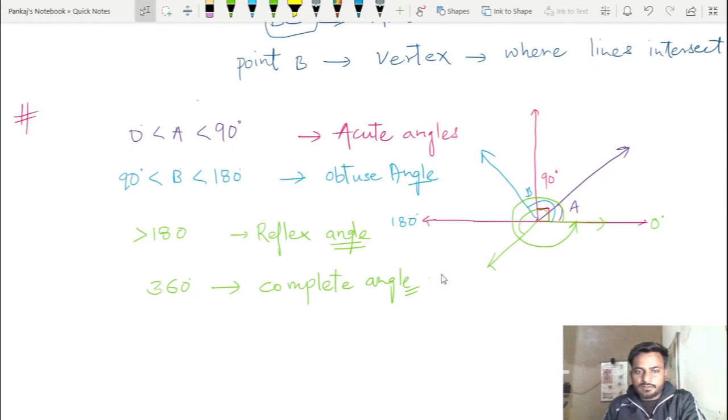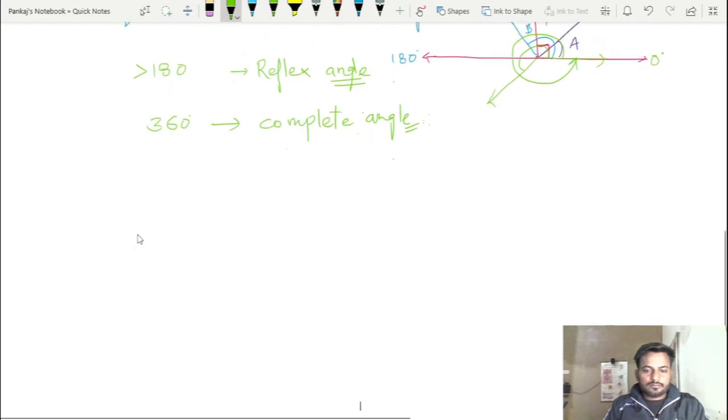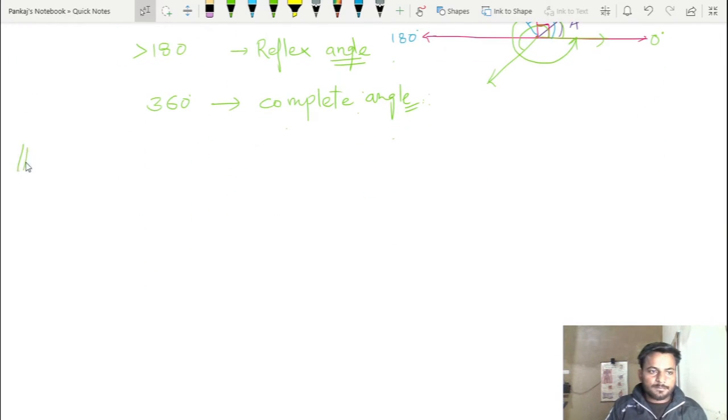Some more types of angles are, for example, complementary angles.